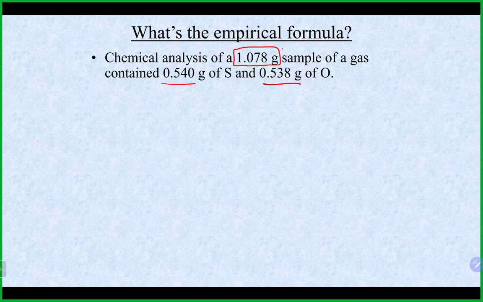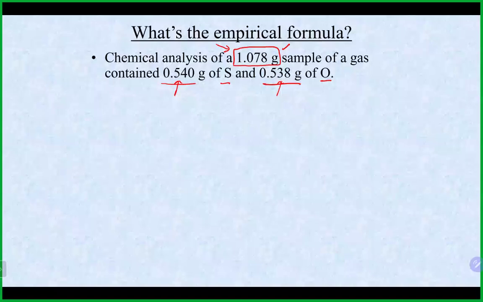The purpose of this number is that it is the mass of the compound. And because of the conservation of mass, that basically means that the mass of the oxygen and the mass of the sulfur should actually equal that number. So if you took this number here and you added it to this number here, you should get this number. And what that basically tells you is you have 100% of the compound present there, right?